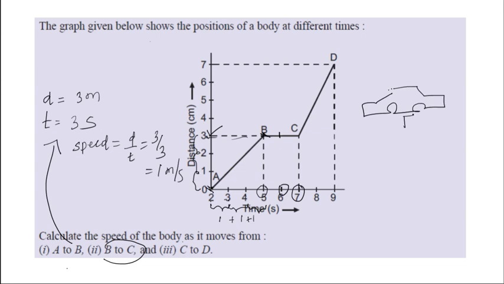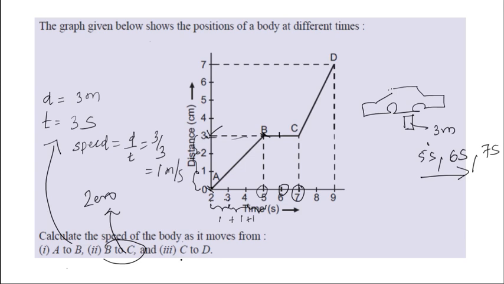It covered a milestone of 3 meter at 5 seconds. It was there at 6 seconds. It was there at 7 seconds without movement. Time has gone up, but distance did not change. Therefore, here the speed is 0.